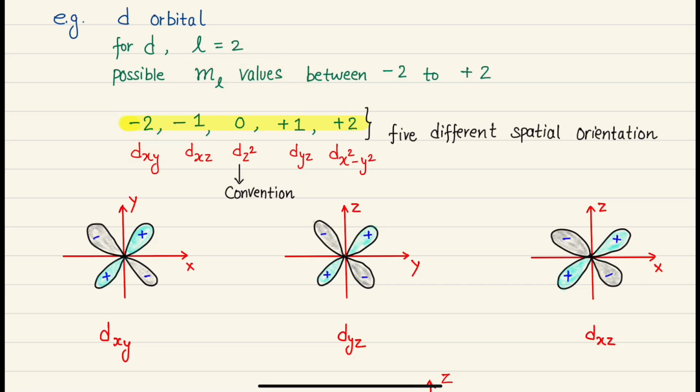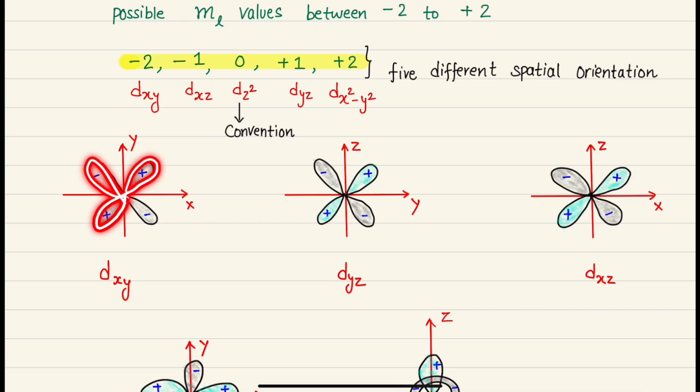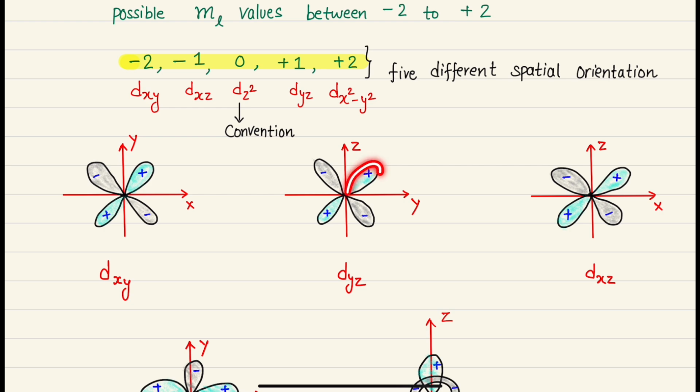Now, what does this mean? dxy, dxz, dyz, dx square y square tell us the orientation of the lobes along different axes. Suppose dxy. dxy means if the d orbital lobes are present between the x and y axis, this is your x axis, this is your y axis, it is called dxy. If the d orbital lobes are present between the y and z axis, it is called dyz.